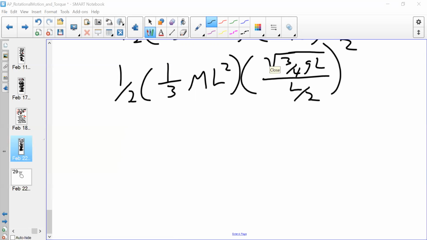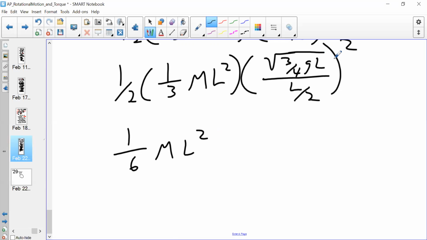All right, 9 over 96 GML squared. Well, it should be in terms of mass times velocity squared. Okay, 0.5 mLg. Okay, let's see it. All right, so 1/6 ml squared, this whole thing, square root of a square.